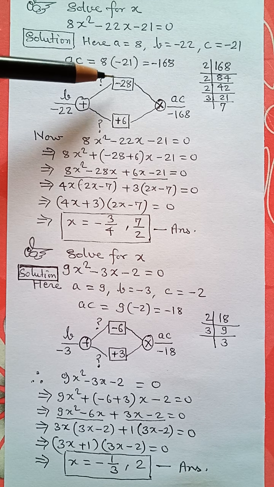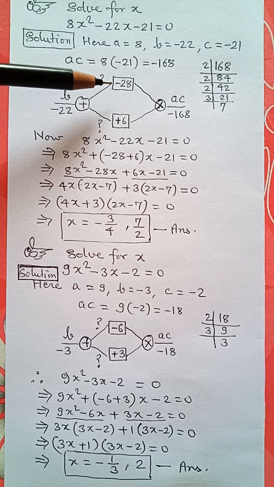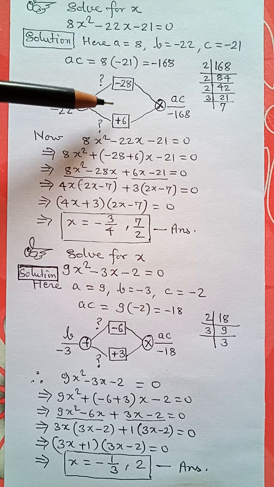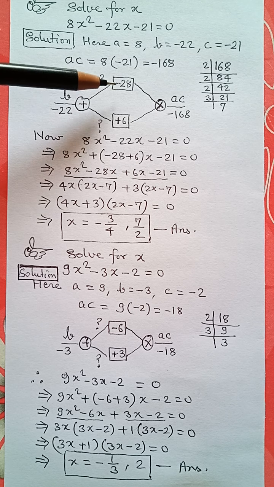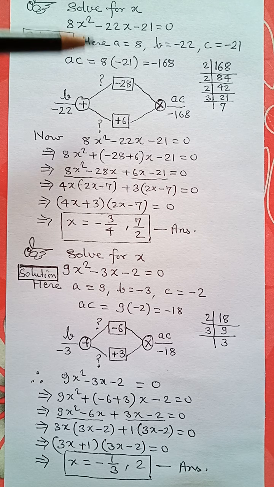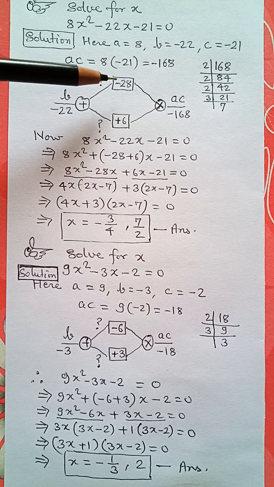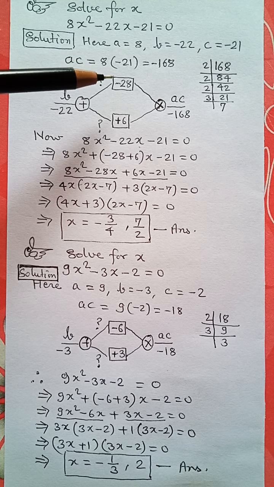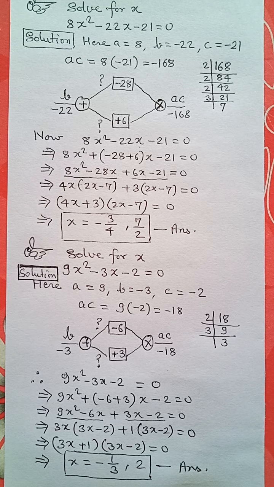Now if we are adding these two, we are getting minus 22 and if we are multiplying these two, we are certainly getting minus 168 because these numbers have been taken from their factors. So B can be splitted into two numbers, minus 28 and 6.